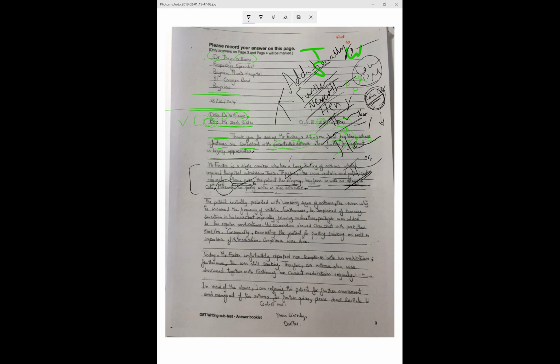I will show you the assessment criteria. Here written diseases, social history, family history, drugs, all of this is the first paragraph. Okay, then we have finished. Here, the patient initially presented with worsening signs of asthma. He will write "furthermore, he complained of burning sensation."